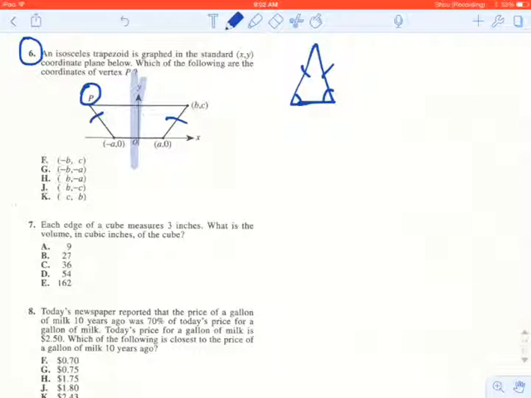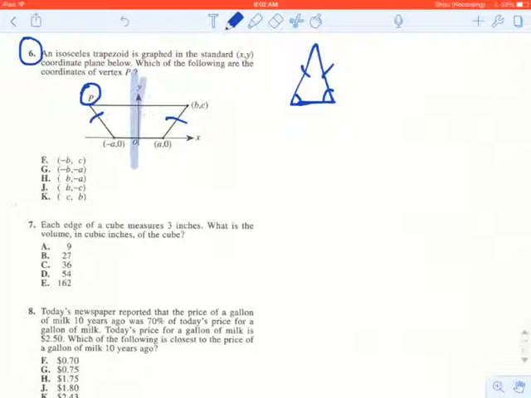And then it tells us that it's in the standard xy coordinate plane, which usually you can assume. X will always tell you how far left or right you are, and y will always tell you how far up or down you are. So if we are b units to the right, and this axis is 0, then on the other side, we're going to go negative b units.